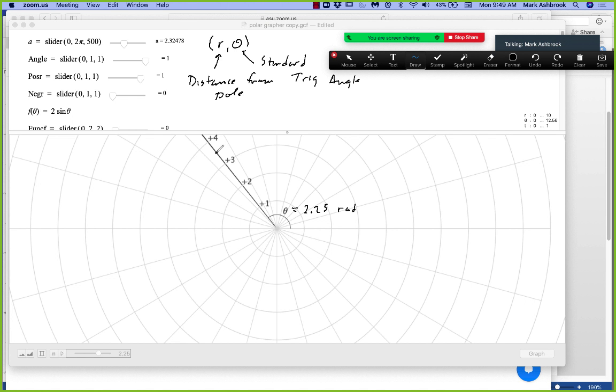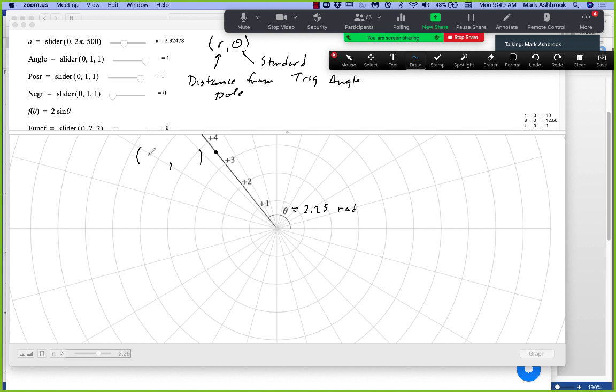So what are the coordinates of this point right here? A coordinate system, a two-dimensional coordinate system, locates points in the plane. So this point right here would have what coordinates? 3.5, 2.25. Okay, someone said 3.5, 2.25. That's right.